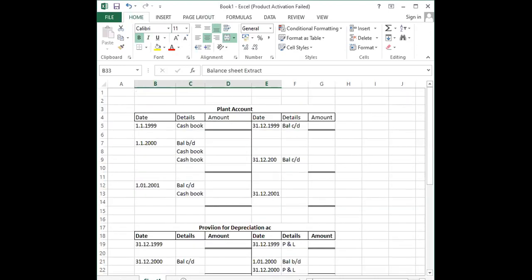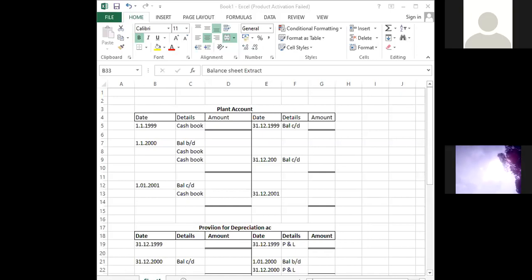Now, look at the question. What is the first statement that you've been told there? When the machinery was bought, 1st January 1999, we bought one machine, one plant, costing 8,000. And therefore, we need to record that. How do we record that?